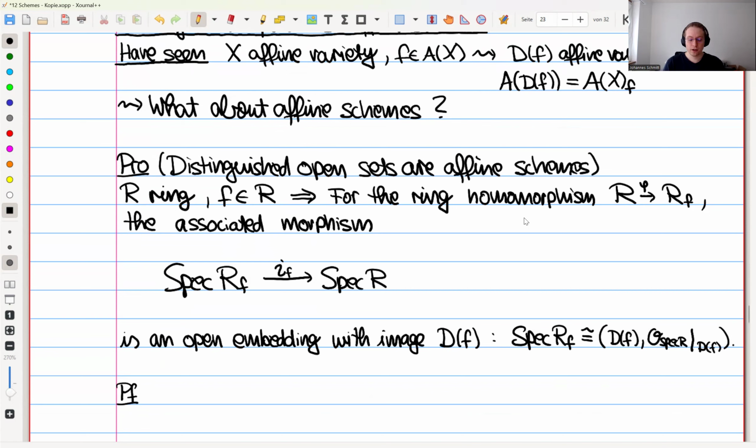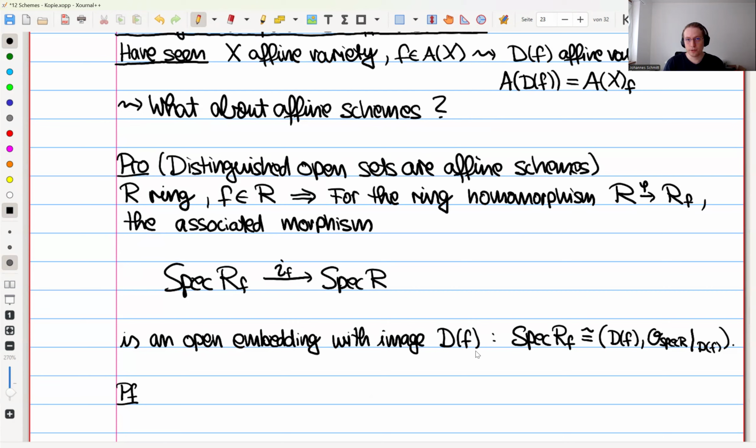Then we have a ring homomorphism from R to its localization at F. And from this ring homomorphism, we get an associated morphism in the other direction of schemes like this. We call this i_F. And the claim is that this is an open embedding with image D(F).